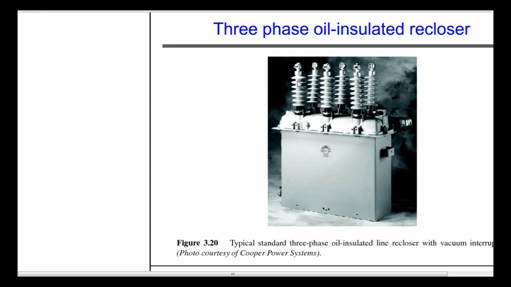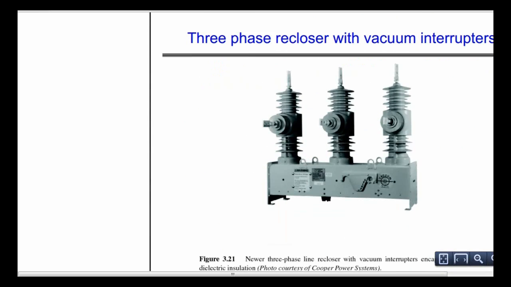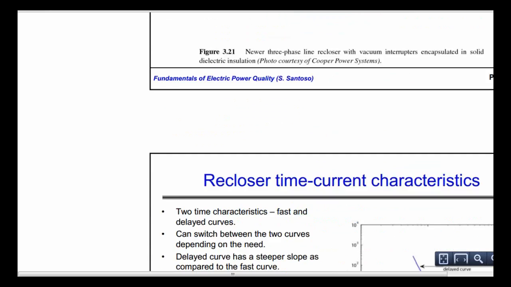This is an insulator. Then the line will come out from this bushing, and it's for three phases. This one is with vacuum interrupters. There is a vacuum inside to extinguish the arc.